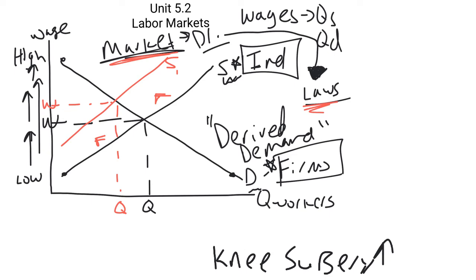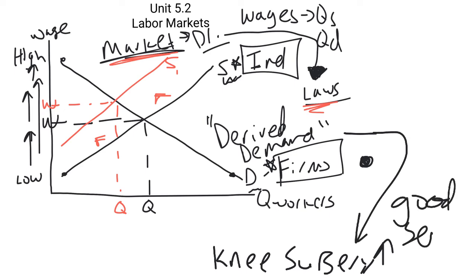Okay, so if the demand for knee surgeries goes up, well then the demand for the workers that produce that is going to change. This is a derived demand. It's derived from the good or the service that it's producing.